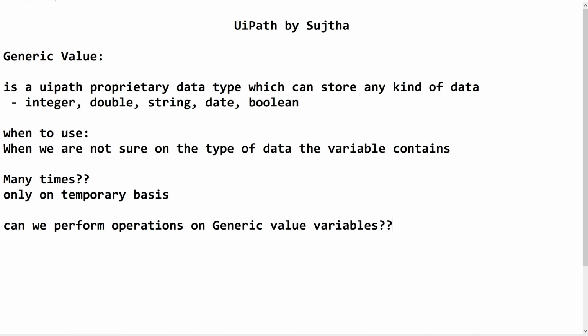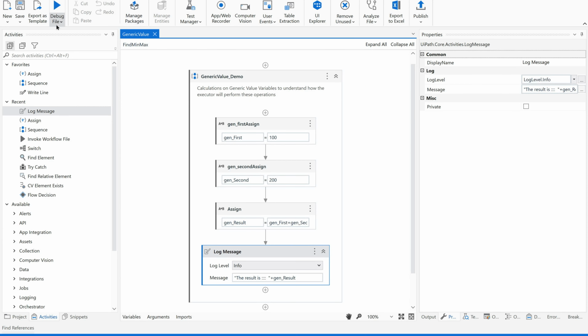We are performing the plus operator on two variables. What we have passed are 100 and 200. Let us see what the result is. Run file.